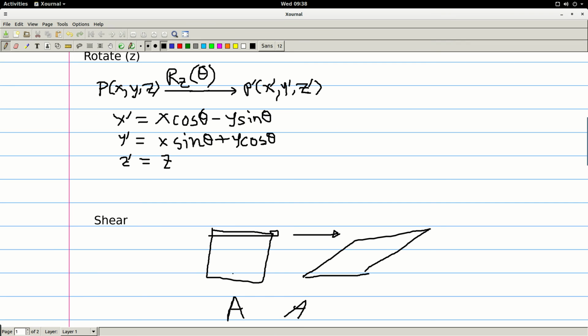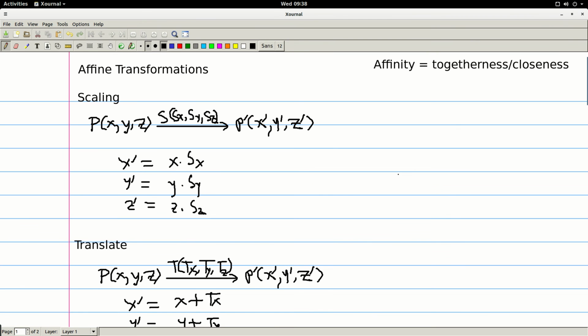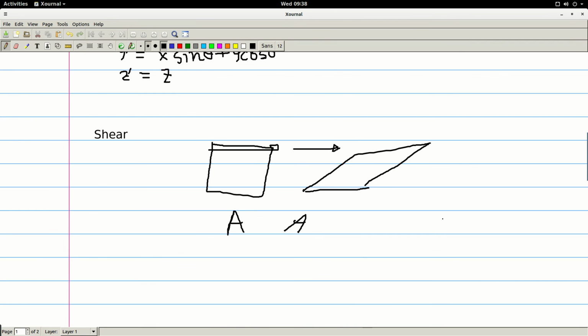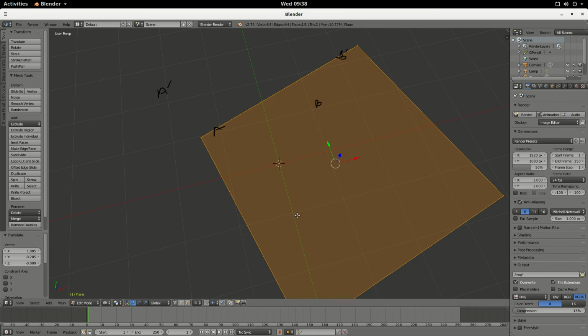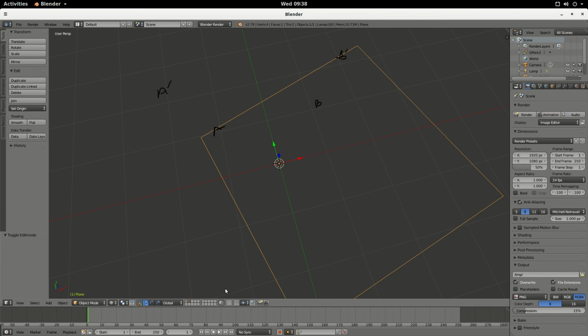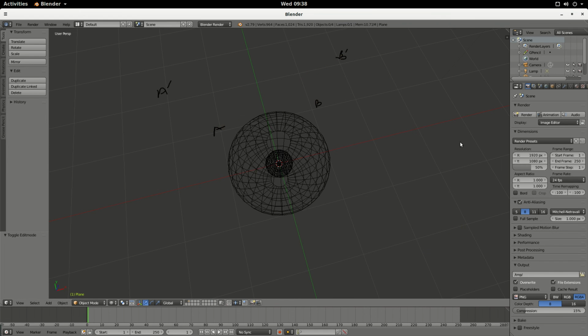If you're interested, look up any textbook on computer graphics or the math books that I refer to. You can find the formulas there. But that's also another affine transformation. Why I don't cover it over here is because it's not going to help me with the 3D modeling in most cases, and also the 3D animation. It doesn't have much application for that, although obviously you can invent a few.